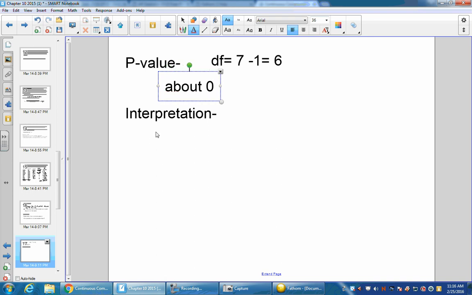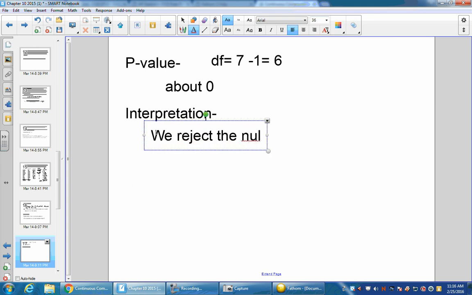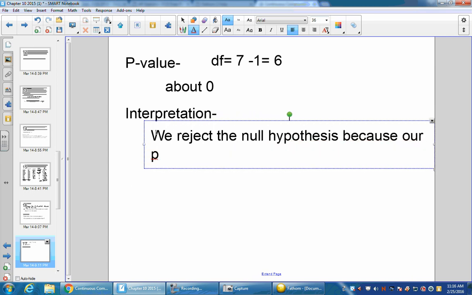So in our interpretation, we reject the null hypothesis because our p-value is below alpha equals 0.05.